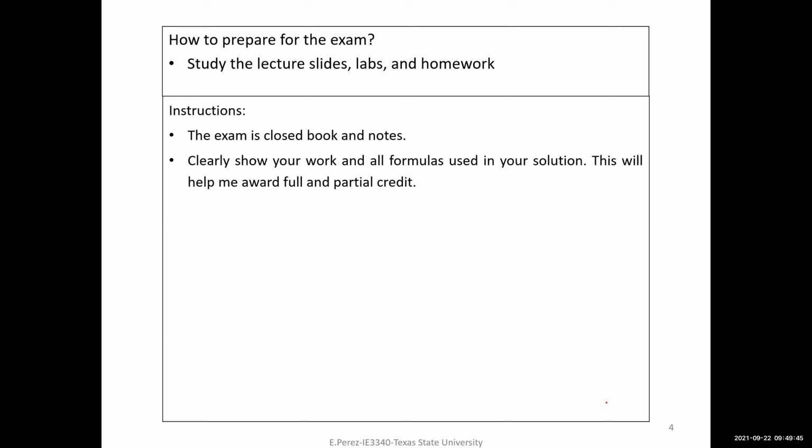So make sure that you show your work, formulas, using your solution. For example, if you're solving using the graphical method, show me, okay, these are the points that I found for each constraint, and then you plot the constraints. So things like that can help me award full and partial credit for your solution.